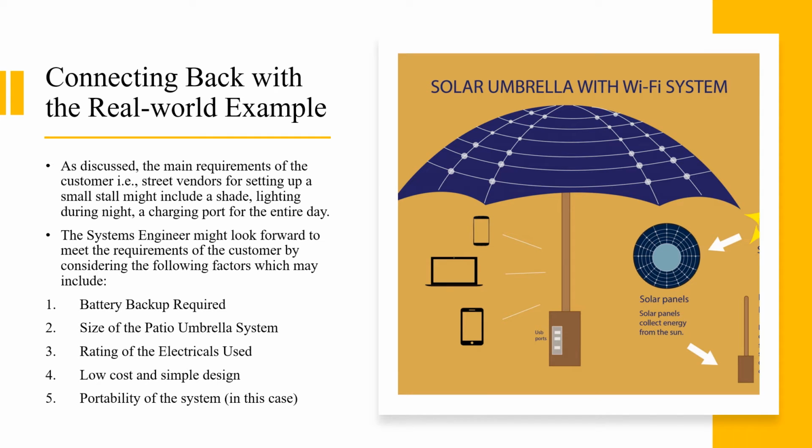We, the system engineers, might look forward to meeting the requirements of our customer by considering the following factors, which may include battery backup required, size of the patio umbrella system, rating of the electrical use, low cost and simple design, and the portability of the system. This is how system engineering is relevant to both the customers and the contractors. If the customers fail to give the requirements correctly, then the system engineer can't design the system effectively.